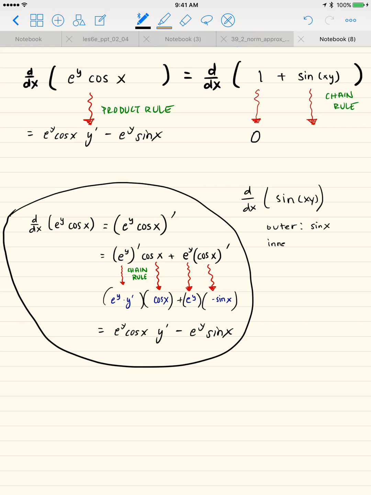My inner function is going to be xy. So my outer function is f of x, my inner function is g of x.